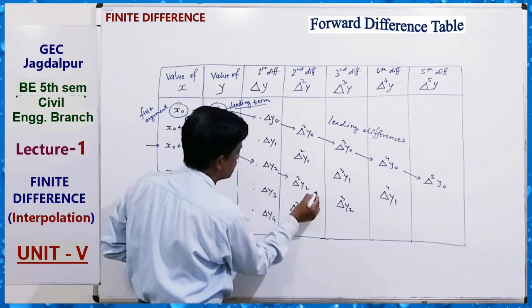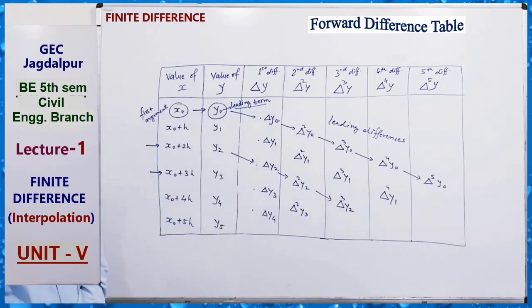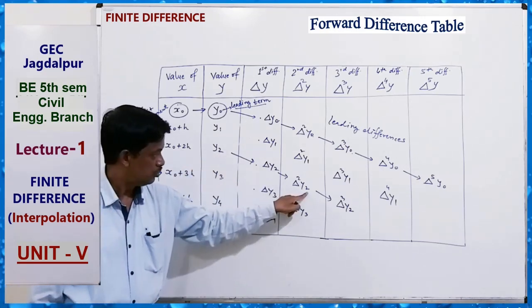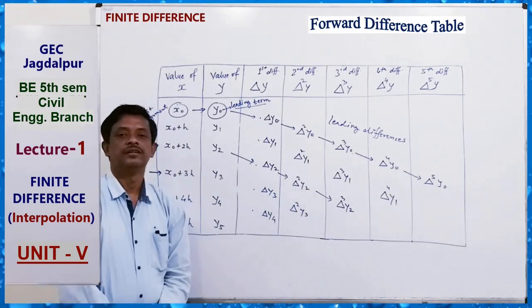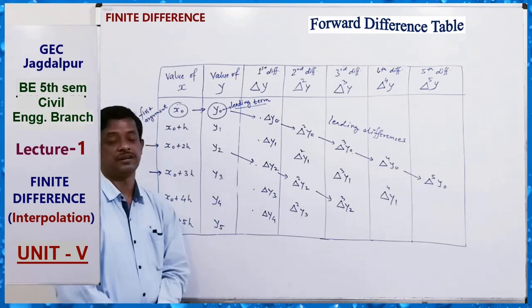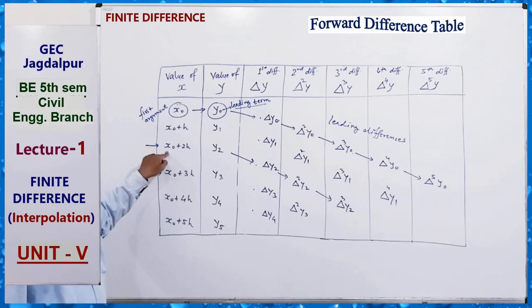You can see here also y 2, 2, 2, 2, 2. So these will be the leading differences.